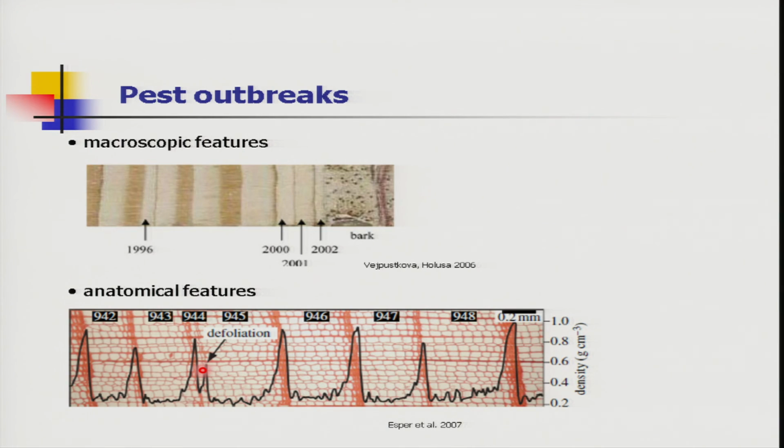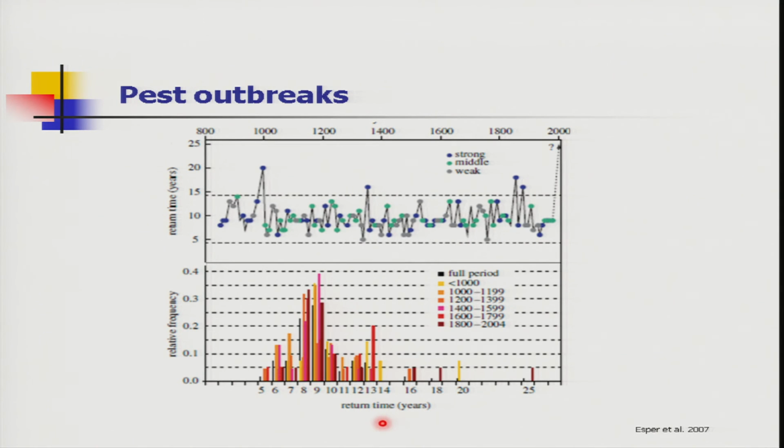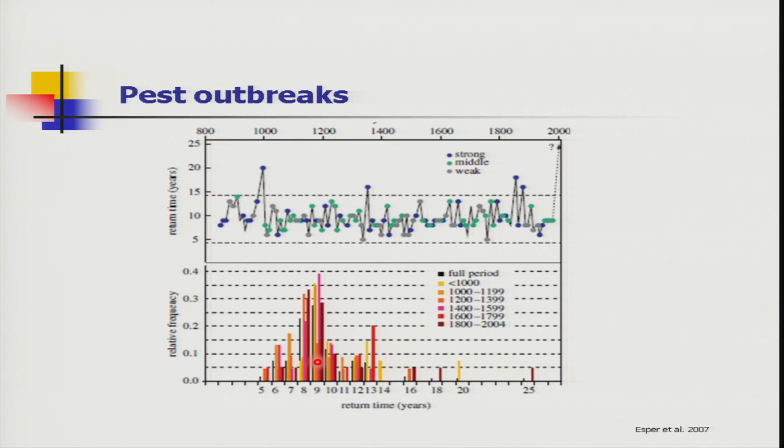What happened to these trees? There was an outbreak of larch budmoth, and how do we know it? The researchers analyzed the behavior of this budmoth and looked for features in tree rings that could be identified as caused by the budmoth's appearance.